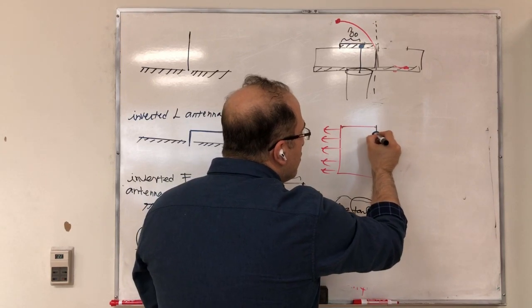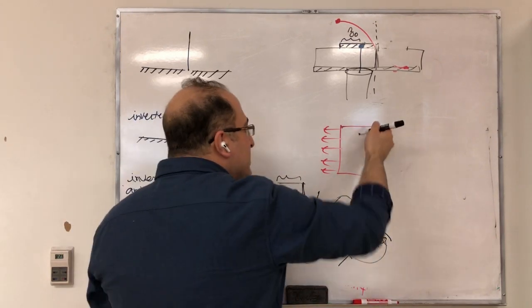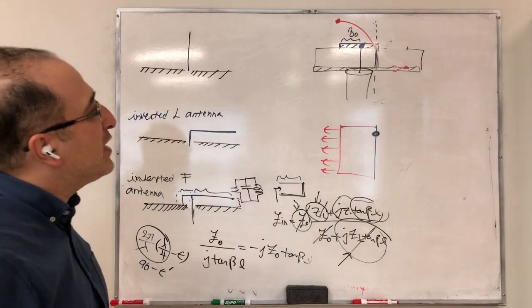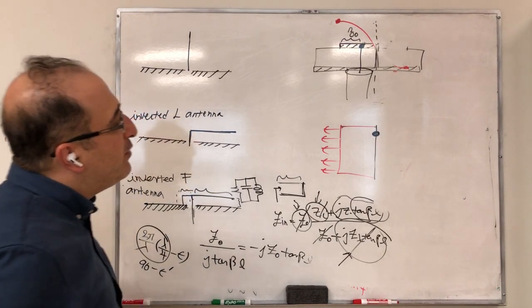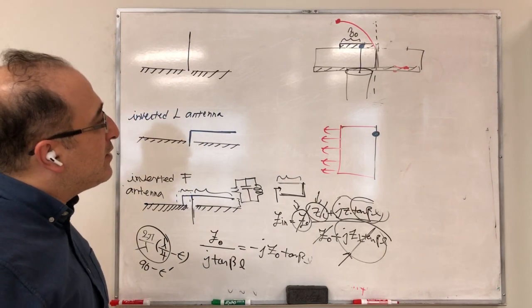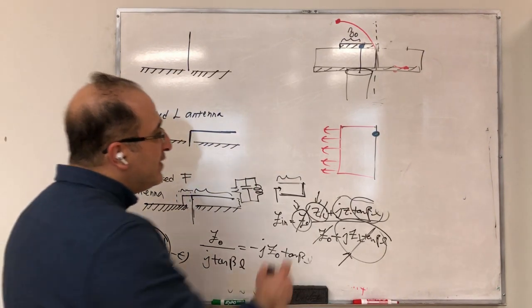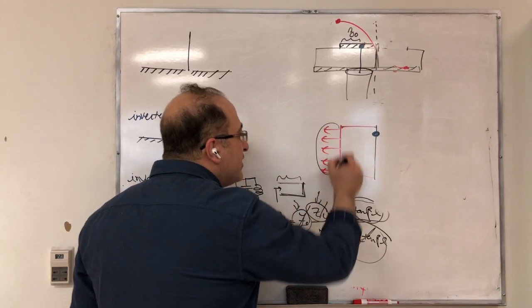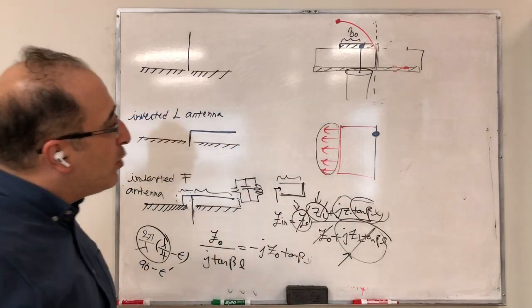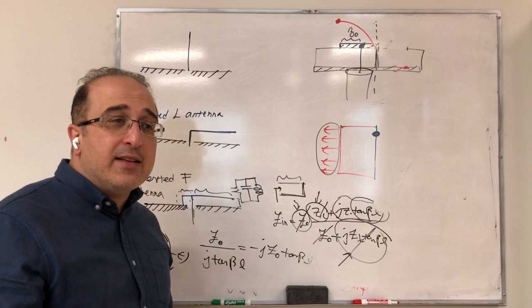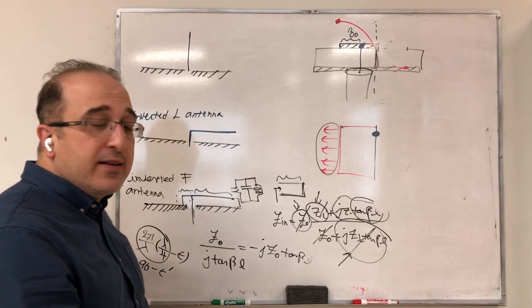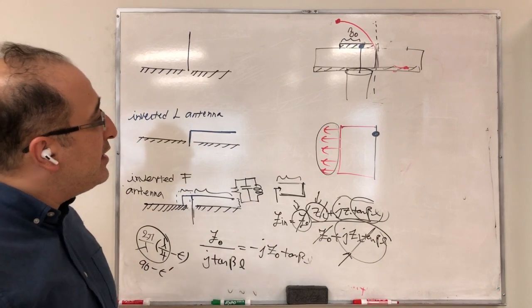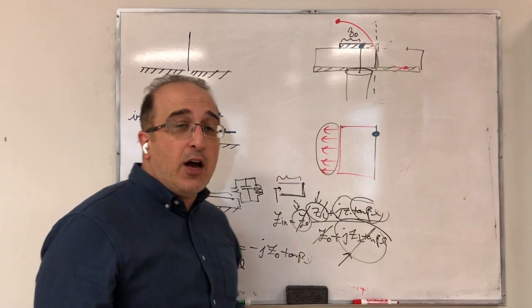I'm going to put this here to say that this is essentially shorted to the ground, because we wanted to make sure that we still have a zero voltage at this point. So now we have only one radiating slot, and of course the other antenna is better in terms of directivity and things like that. But this might be better in other aspects.